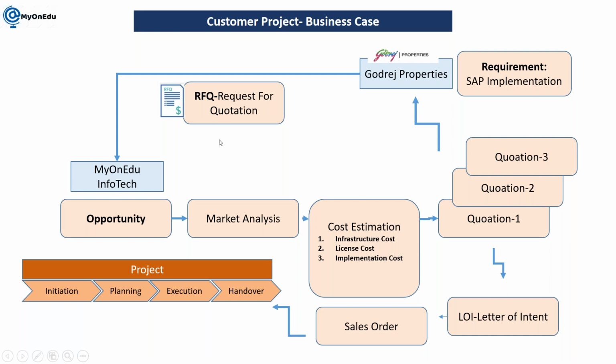If they don't know, and they are only saying yes, we need SAP, we need some ERP to manage our day-to-day work, this is their requirement, then we as an IT company will prepare the estimation. When they send these details to us, we call it an RFP, request for proposal.